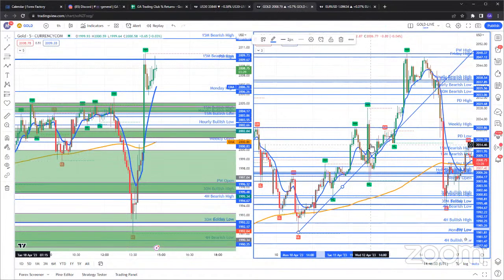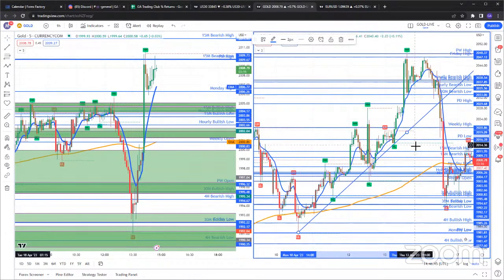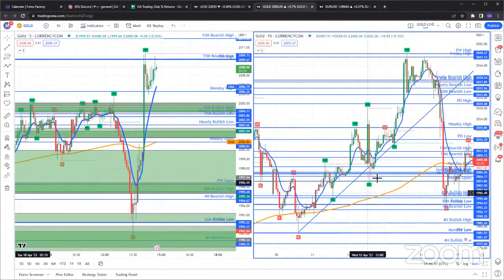But remember, for me, when I'm drawing trend lines, I don't want my trend lines to cut through candles. I try to avoid that as much as possible. So what I'll do here, I'll draw from this lower low to this high low here. That way it's closer to this high low here, and it's closer to also this high low here.